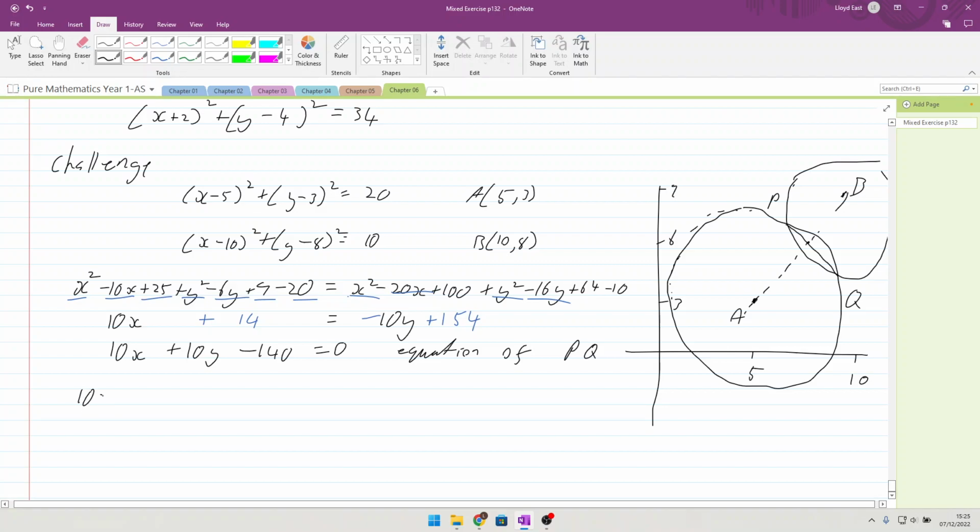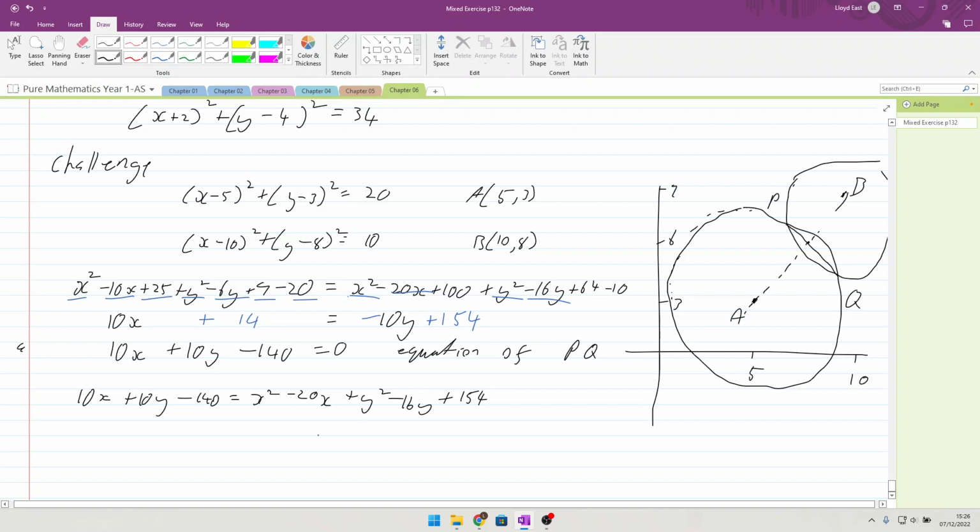So we end up with 10x plus 10y minus 140 is equal to, and I'll take this right hand side here, x squared minus 20x plus y squared minus 16y plus 154. Okay, and we need to find a solution to that. Doesn't look very promising, but we'll see what comes out.